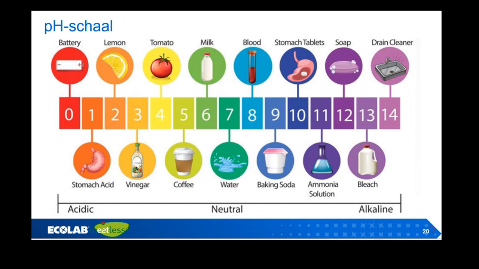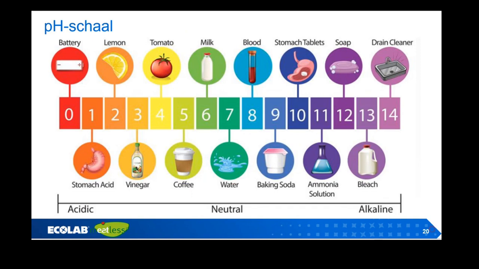If you go into the acid, you start from 0 to 6: batteries, the content of your stomach, lemon, vinegar are acid products. Then you have the pH scale from 8 to 14: soap, bleach, baking soda, drain cleaner are alkaline products.